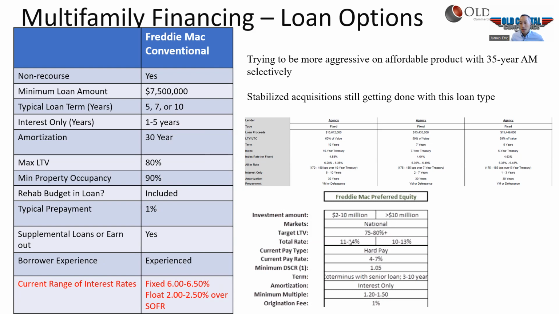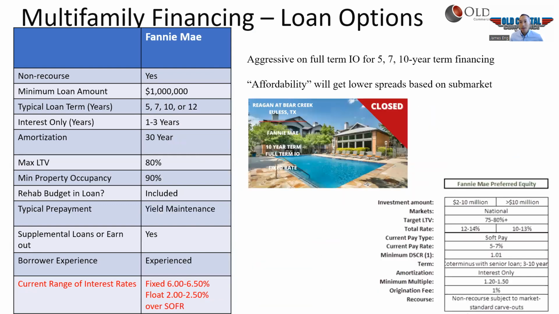So we're seeing Freddie Mac be okay with some preferred equity behind you. And here's some of the terms. You're probably looking at anywhere from 10 to 14%, and you're going to have to pay 5 to 6% probably in terms of an interest rate, and then you would make up the accrued amount on the back end when you sell or refi.